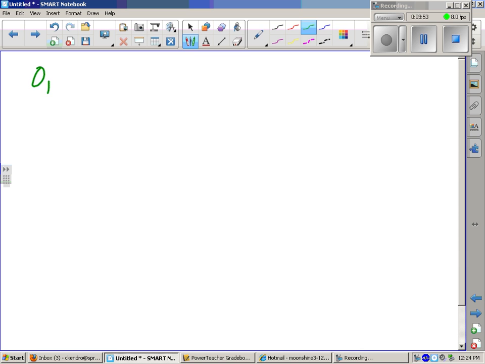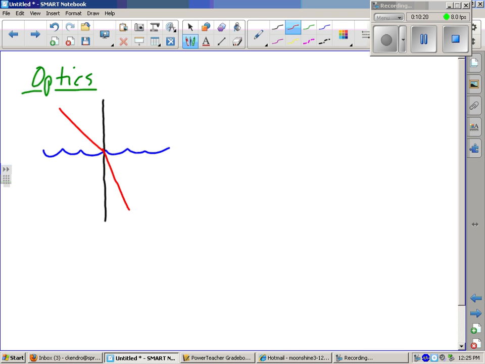All right, I have one little formula that you need to memorize, and it deals with optics. I'm going to use blue because we have to talk about water. If we have water and a vertical line going through there, you know when you clean the pool and you put that big long sweeper thing in there to scoop the bottom of the pool, it looks like it bends.